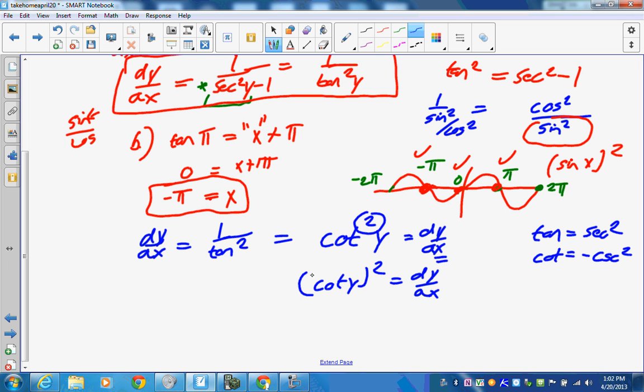The chain rule says the second derivative is 2 times cotangent to the first power times the derivative of the inside, which we found to be negative cosecant squared of y. And we just took the derivative with respect to y, so we write a dy/dx. And that equals the second derivative with respect to x.